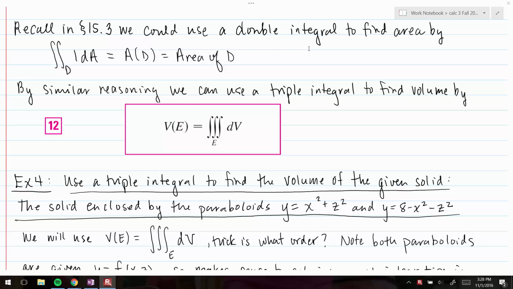When we talked about double integrals, usually we would find area by a single integral, but we could actually also find it with a double integral by noting that if we let z equal 1, and then we just integrate over the domain, that gets the area of the domain.